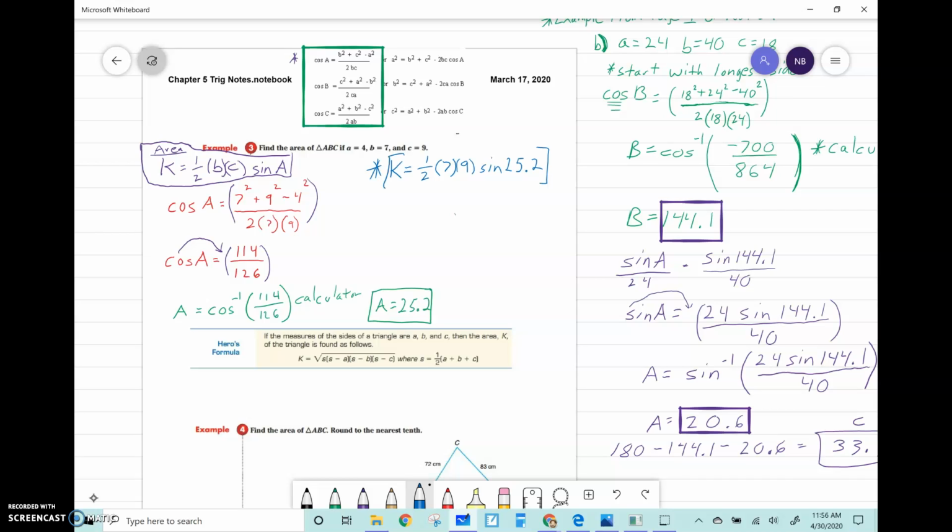And this can all go in your calculator also. And we end up with K equals 13.4. That's our bread and butter right there. That's the area that we're looking for.